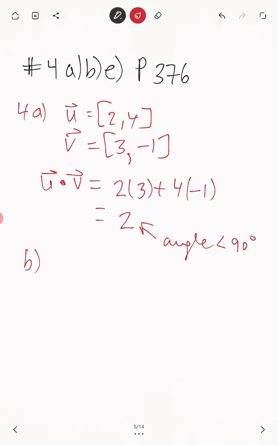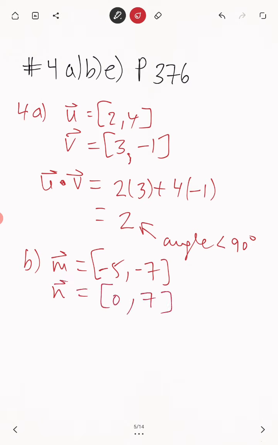For part B, we're given vector m equal to negative 5, negative 7, and vector n equal to 0, 7. And so m dot n would be negative 5 times 0, which is 0, plus negative 7 times 7, which is negative 49.